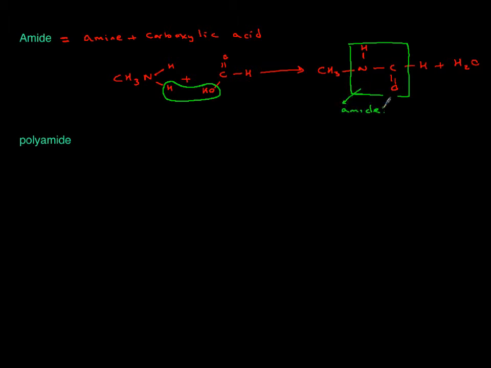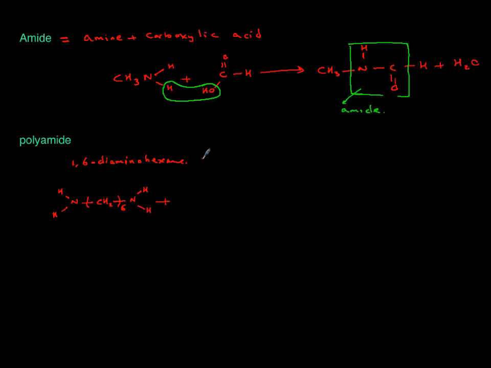Now how do I make a polyamide? Just have monomers that have the two functional groups. So for example, I can give you 1,6-diaminohexane, which looks like NH2, and then you have CH2 six times because it's hexane, and NH2 on both sides.